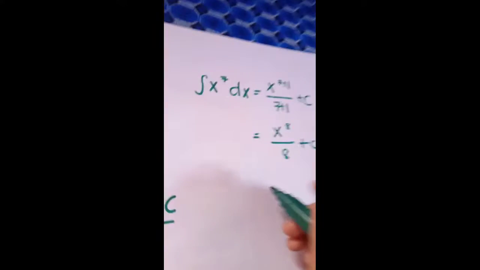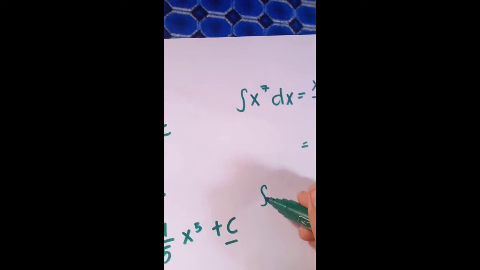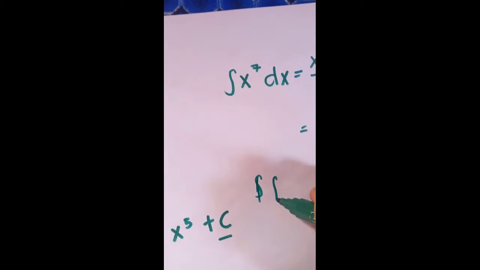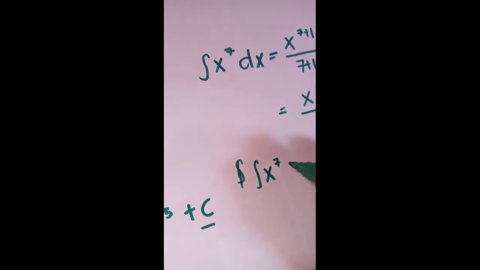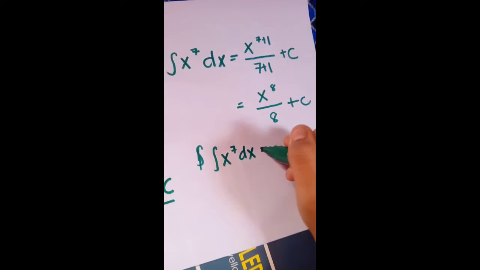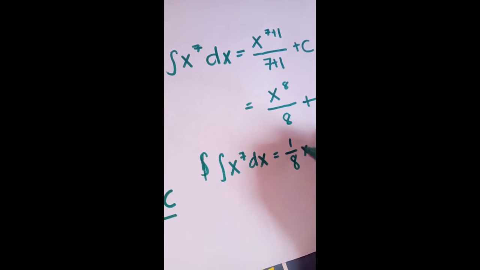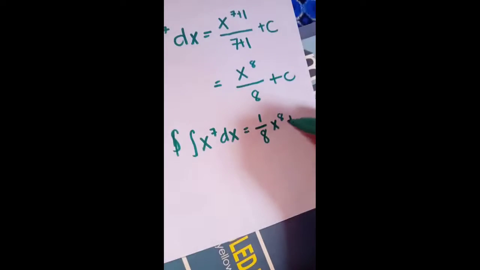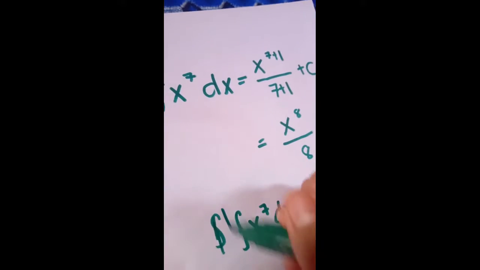And we have the final answer here: the integral of x to the power of 7 dx is equal to 1 over 8 x to the power of 8 plus c. So there you have it.